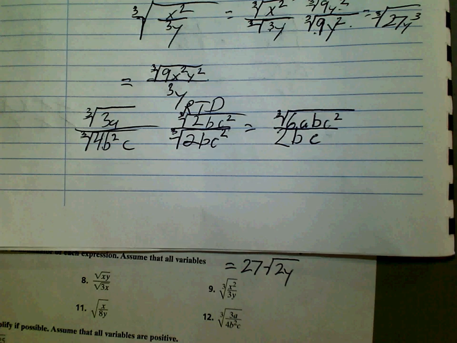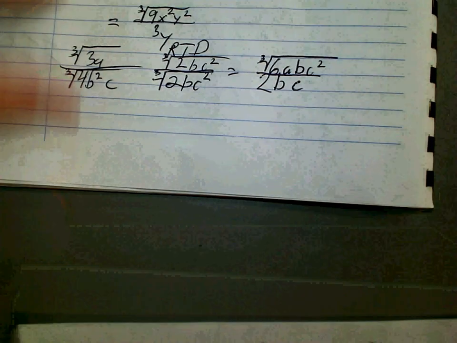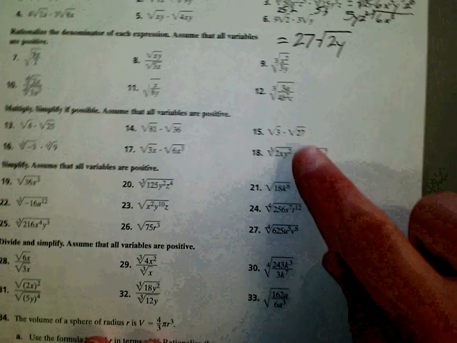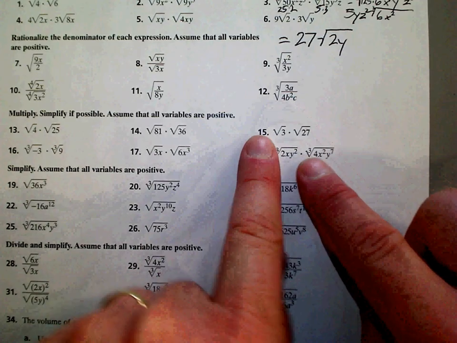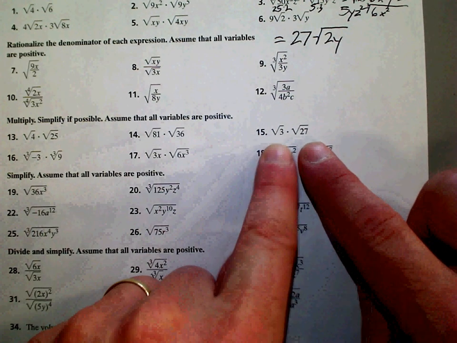Mind-blowing stuff, but we're applying this property somehow. All right, we got time. So we just did some really challenging ones. We did some of the hardest ones already. Go to number 15. It just says multiply and simplify. Square root of 3, square root of 27.